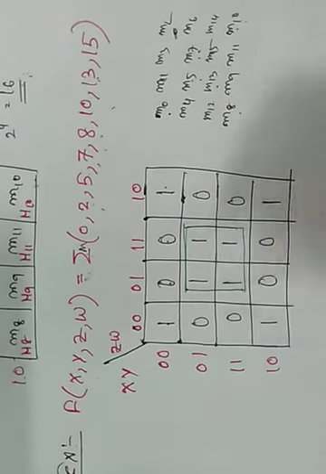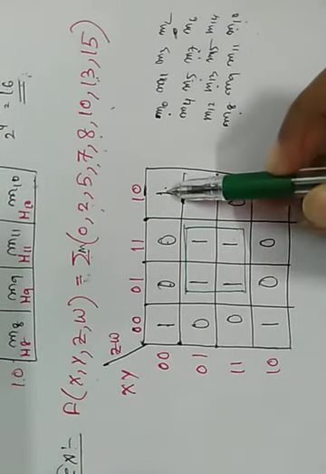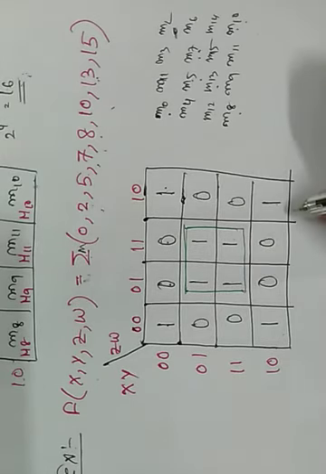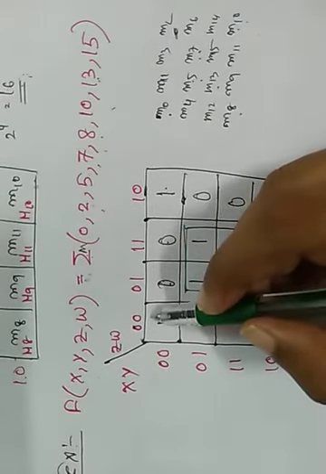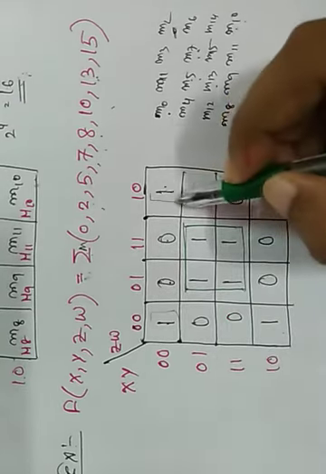So I am taking into consideration these 4 ones. Now you can see all the 4 ones are in the corners. As I told you in our previous video, this one and this one can make a group.